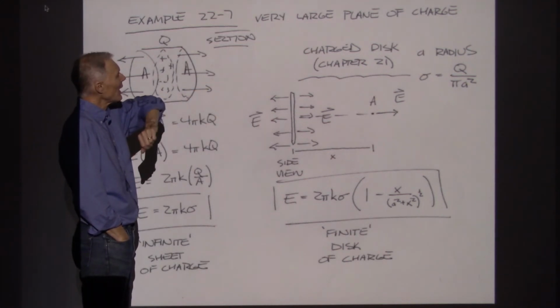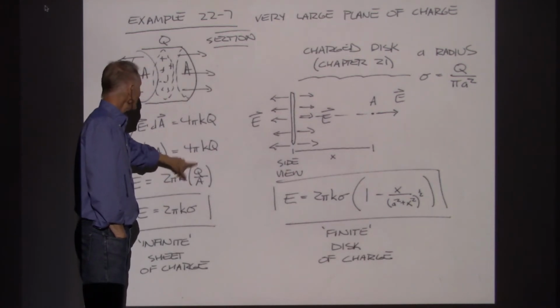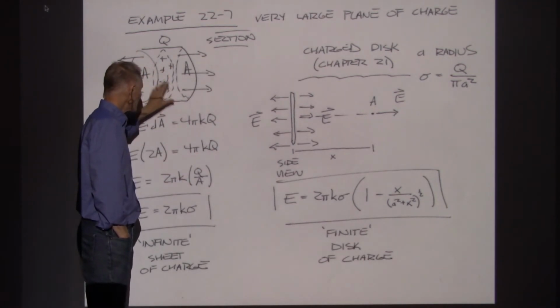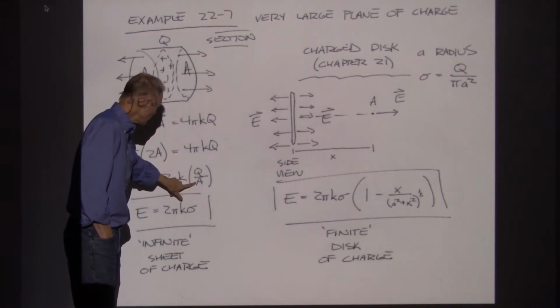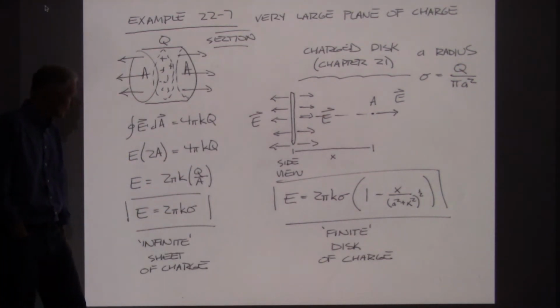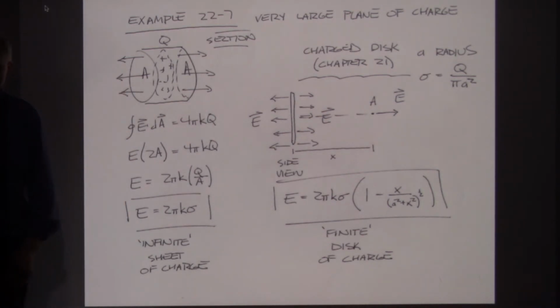So this is just going to say for any shaped disk, for any shaped flat surface of charge, I can take Q over A, and that's the formula. That's considered to be the formula for the electric field right along an infinite sheet of charge. So the charge just goes on and on and on.